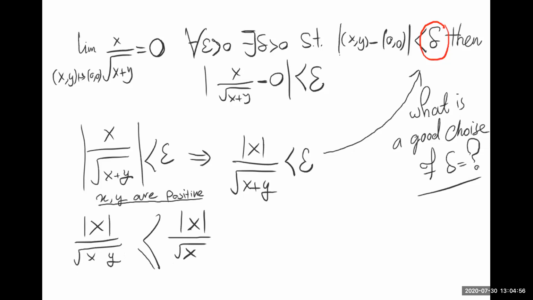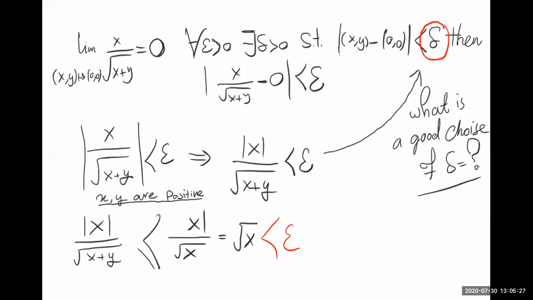Now, if I want this function to be less than epsilon, it's enough to make sure this one is less than epsilon. If this one is less than epsilon, because the original function is less than or equal to the absolute value of x over radical x, then it's good, we're done. But on the other hand, we know the absolute value of x over radical x is actually equal to radical x. It's the square root of x. Why?